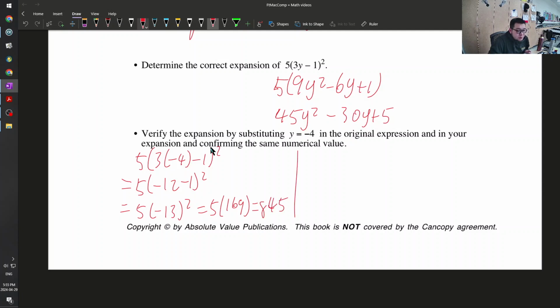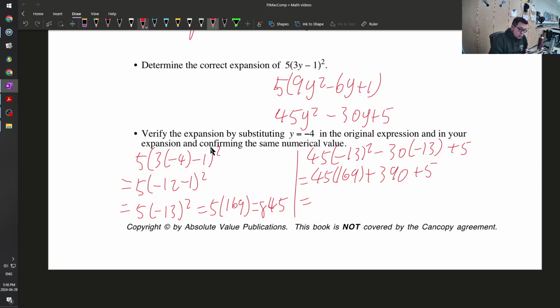Alright, time to check the other one. 45 times negative 13 squared minus 30 times negative 13 plus 5. We get 45 times 169 plus negative 30 times negative 13 gives you a positive 390 plus 5. I copied this down wrong, didn't I?